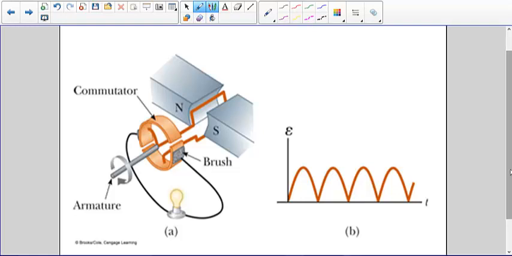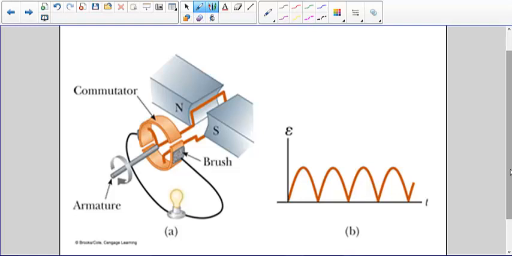Now, it's not constant, but you could put a capacitor on there and take the output from it, and the light bulbs would still work. If you wanted an actual constant voltage, you would use a capacitor to store the energy, and then feed the energy out from the capacitor instead of directly from the motor.